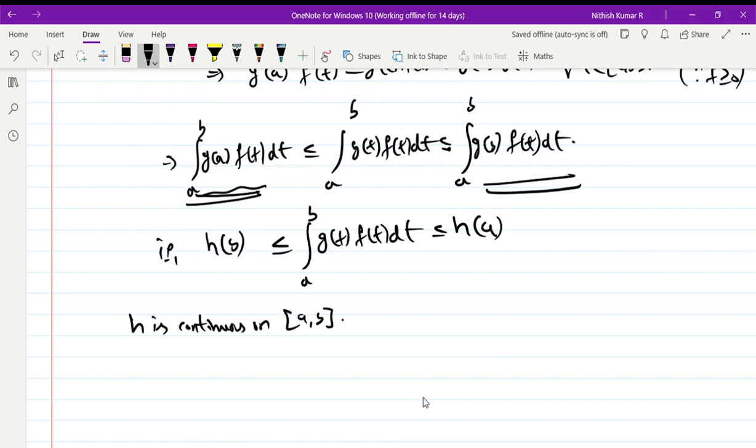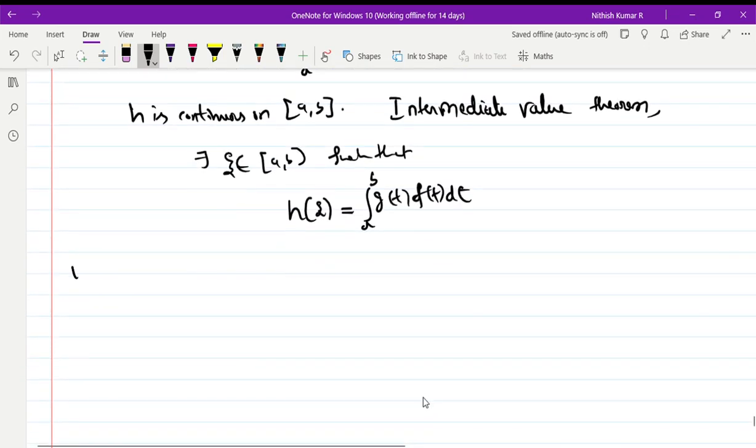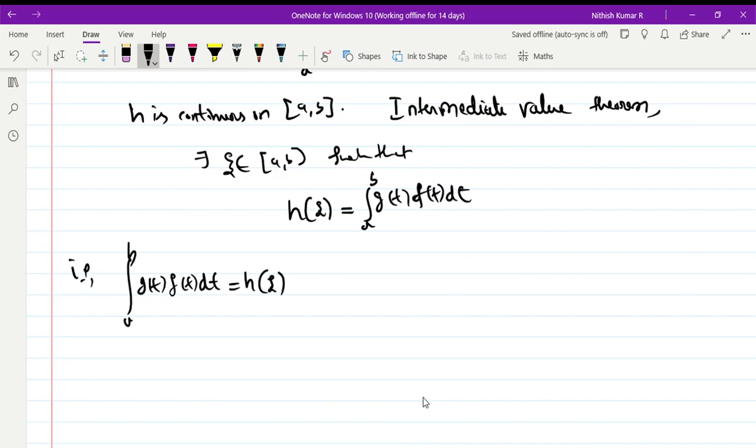Now since h is continuous on the closed interval [a, b], by using the intermediate value theorem there exists some zeta in the closed interval [a, b] such that h of zeta is equal to the integral from a to b of g(t) f(t) dt.